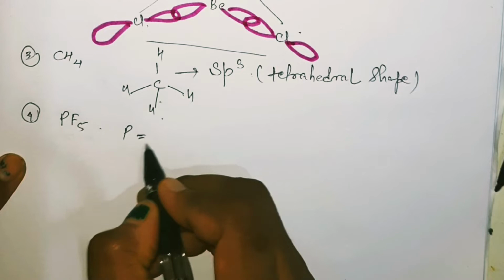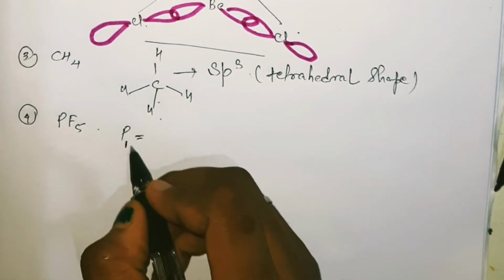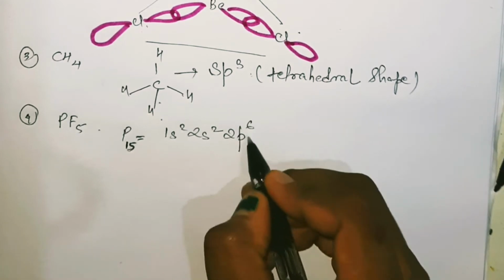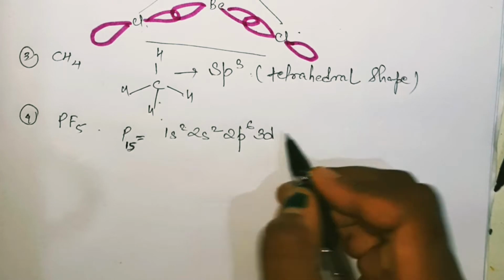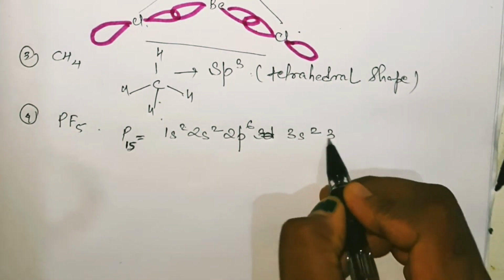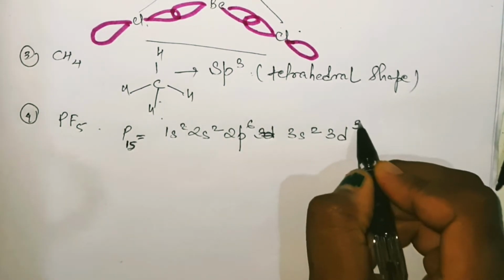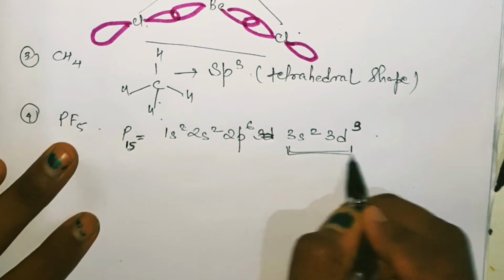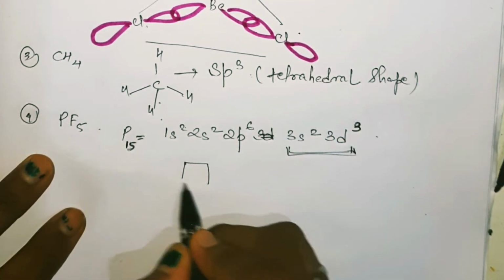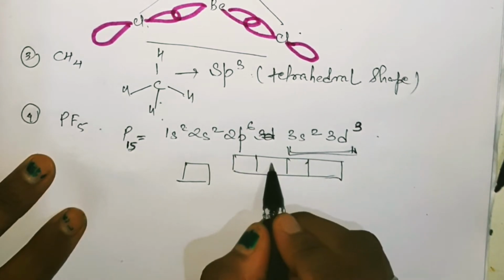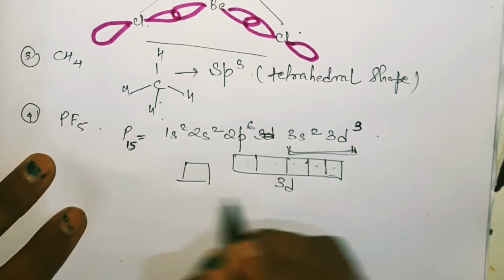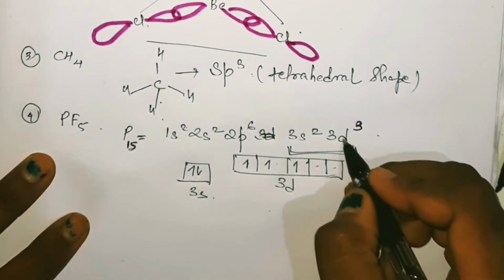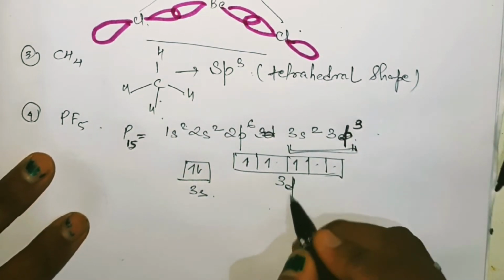Now example number 4 is PF5, phosphorus. What is the valency of phosphorus? Its atomic number is 15, so it is 1s2 2s2 2p6 3s2 3p3. The last orbitals are the ones available for hybridization, so it has 5 electrons in the 3s and 3p, and 3d is empty.